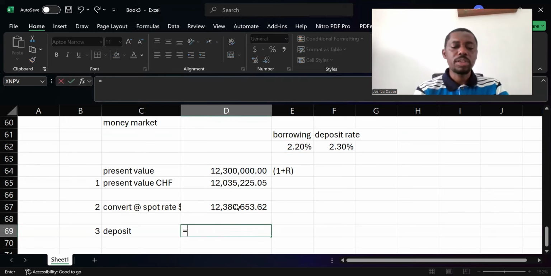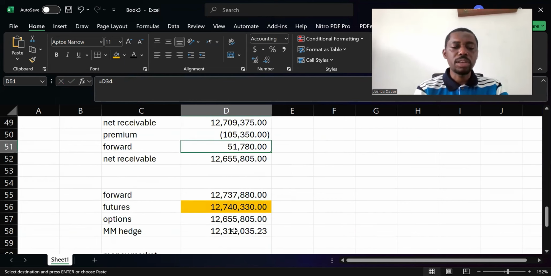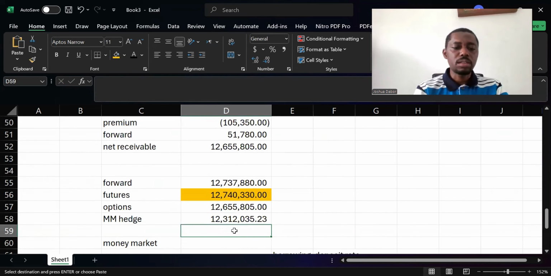So equal the amount to be deposited times 1 plus half. So 1 plus the deposit rate is the R here, and that gives 12,671,000. So in comparison to the other hedging method, which is the best?